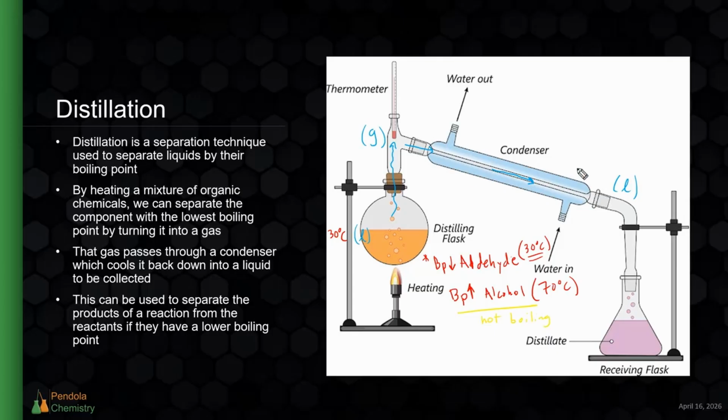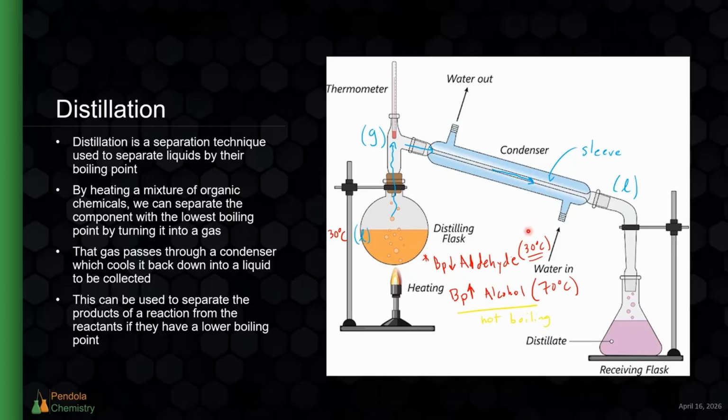The condenser is a piece of glass tubing that has two chambers. It has the internal tube and then it has a sleeve that does not connect to that internal tube. The sleeve we pump water in and out of, which cools down that internal tube, grabbing that gas and cooling it down into a liquid. So through this process, what we're essentially doing is separating that aldehyde from the alcohol before it can react.